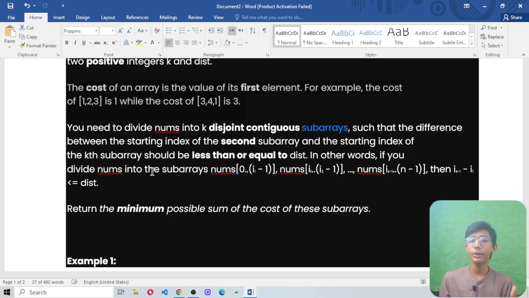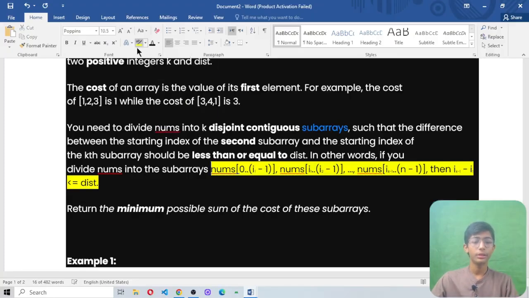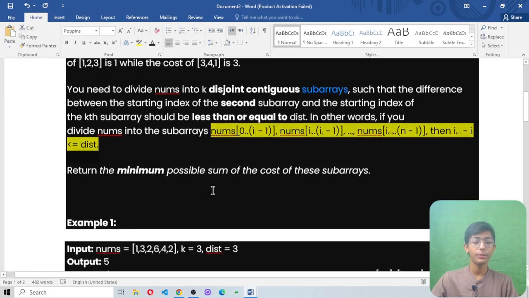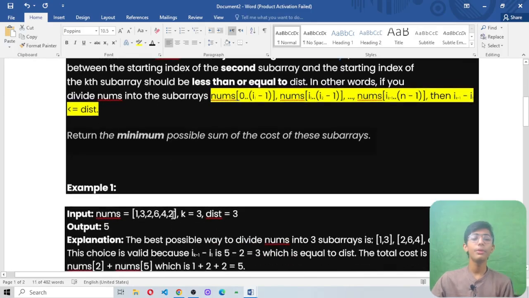In other words, if you divide nums into subarrays, it is one formula that I have been giving you. We want to return the minimum possible sum of the cost of these subarrays.